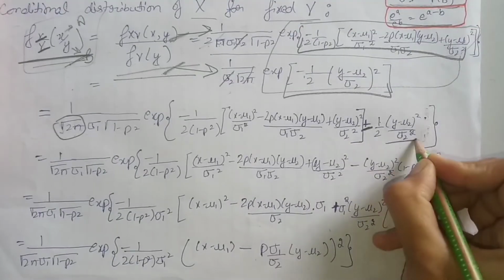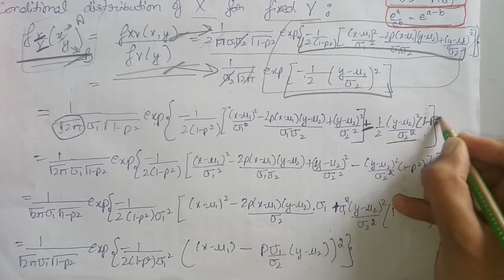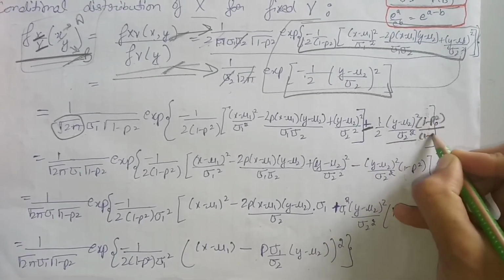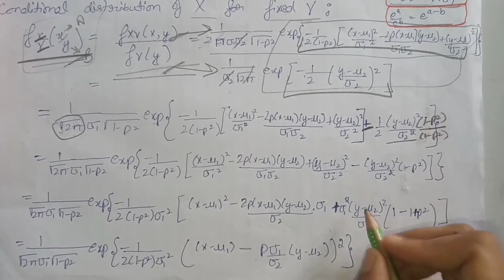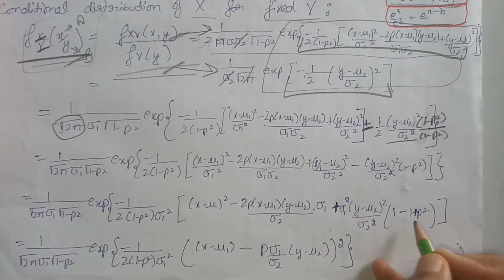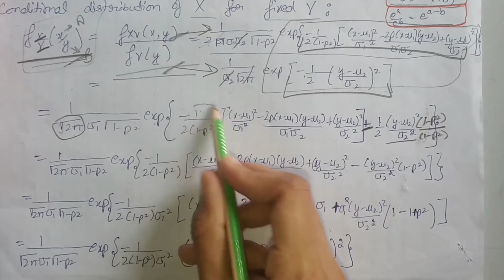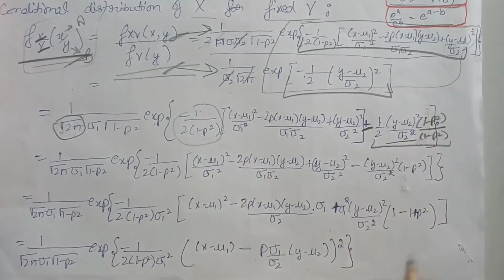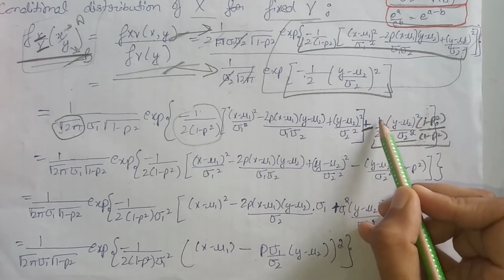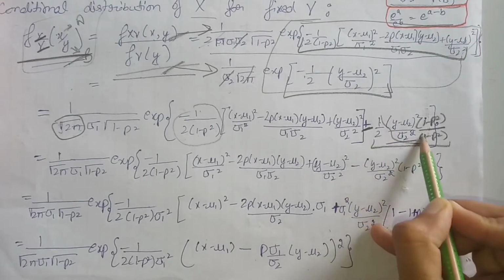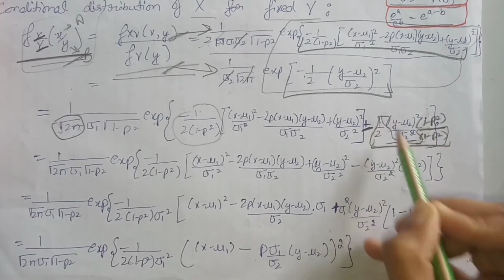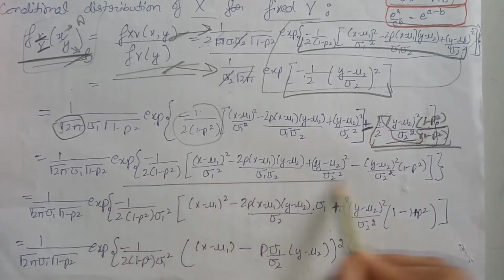Now we will multiply this term by 1 minus rho square and divide this term by 1 minus rho square, because we want to take common minus 1 divided by 2 into 1 minus rho square also from this term. So now after taking minus 1 divided by 2 and 1 minus rho square from this term, we will get this one equation.